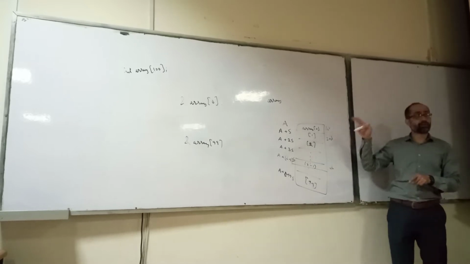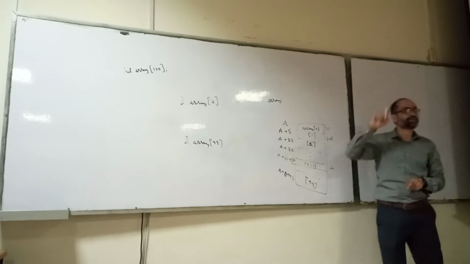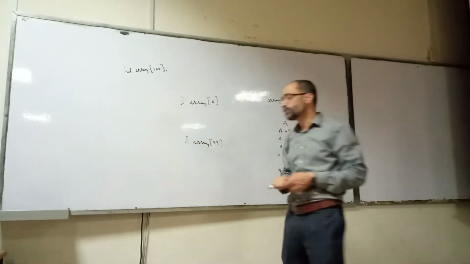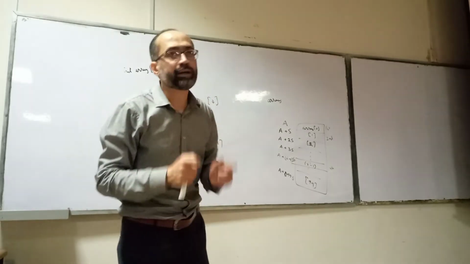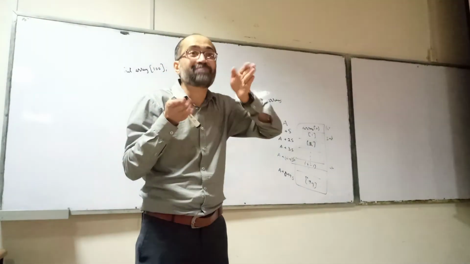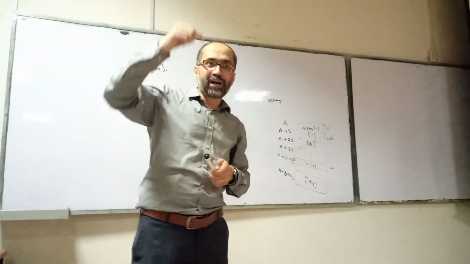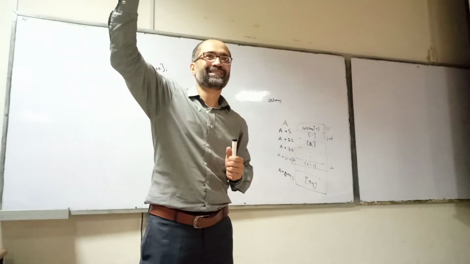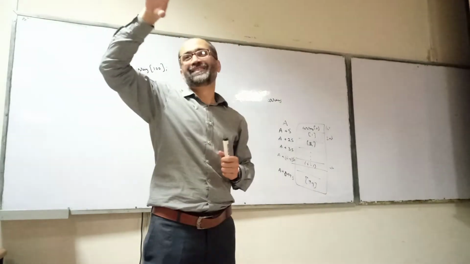Index always starts from 0, and that's the reason some people are confused. Why does the index start from 0? Because it reduces the number of address bits. If you start indexes from 1 and you want to store 8 elements, you need 4 address bits.